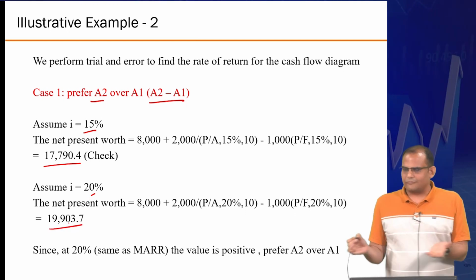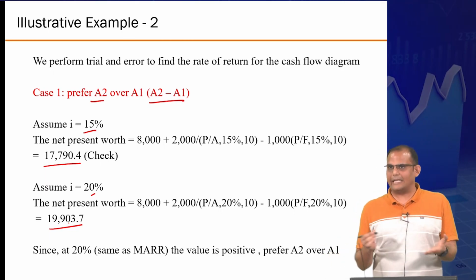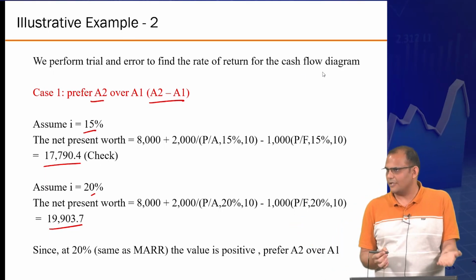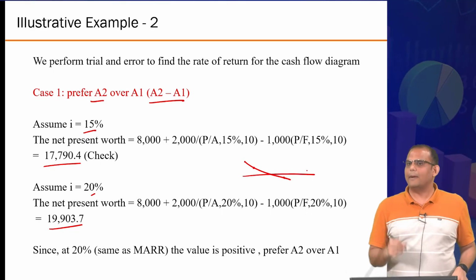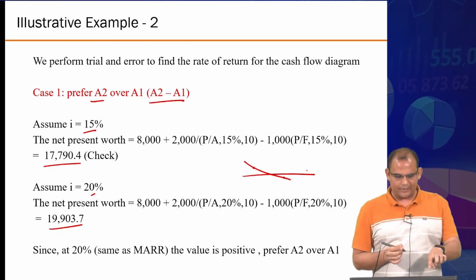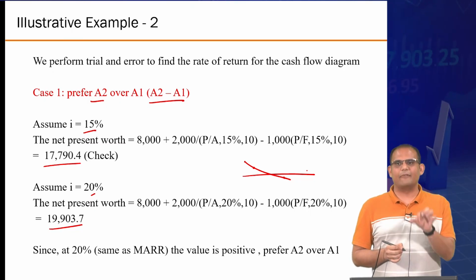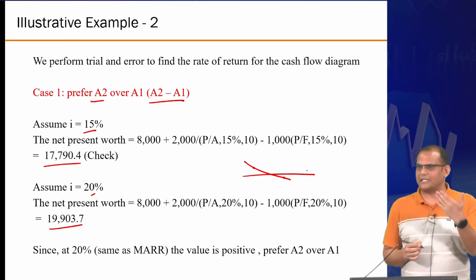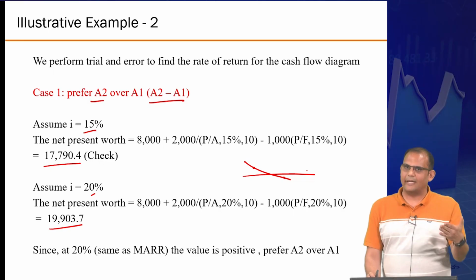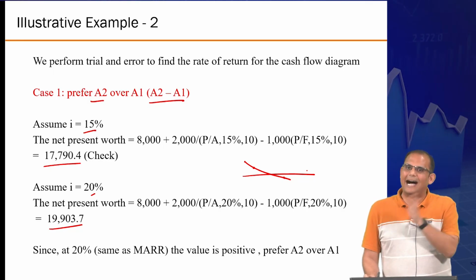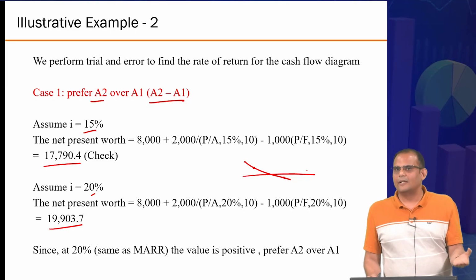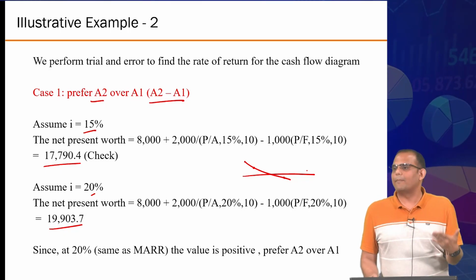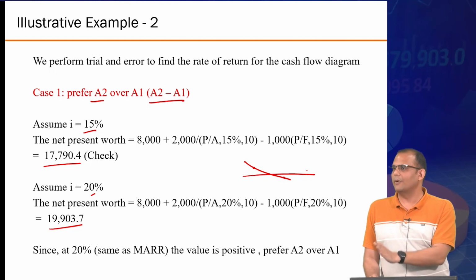Again, we are not reaching anything substantial. You have still not gotten the one positive and one negative value, but you could make a judgment, because even at 20%, the present worth of this incremental cash flow is coming out to be positive. It means the actual IROR is higher than the 20%, which is your minimum acceptable. It means no matter what you do, it's going to be the preferable alternative. So A2 is preferred over A1, right?